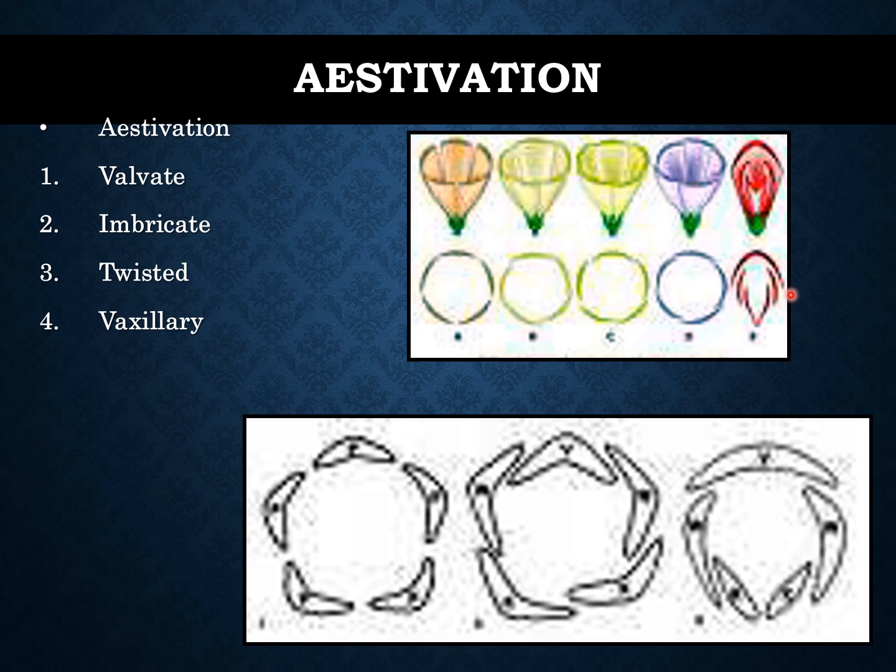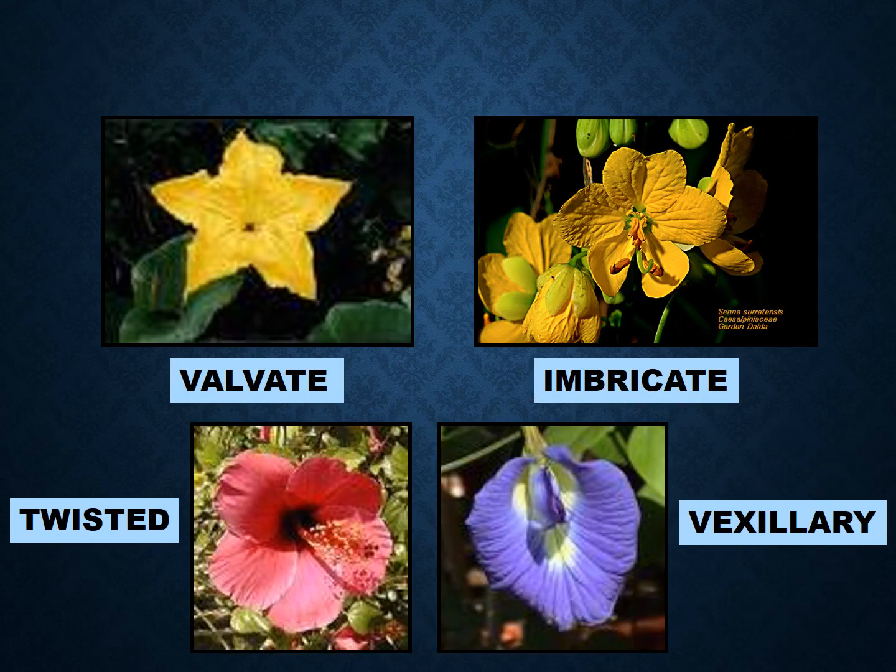So one large petal is called vexillum or standard. 2 smaller petals are called wings, and the anterior 2 smaller petals that are fused to each other are called keel. So these are present in family Papilionaceae.